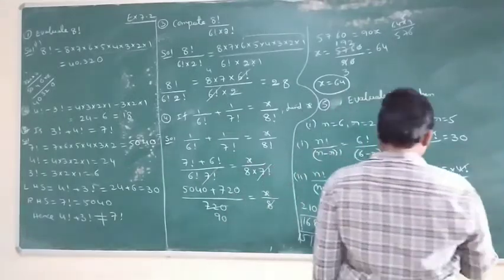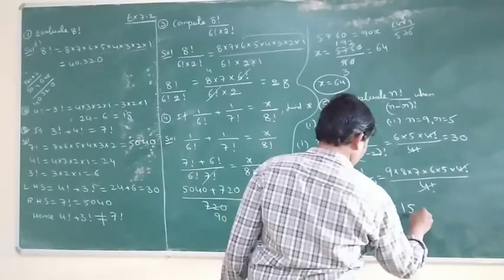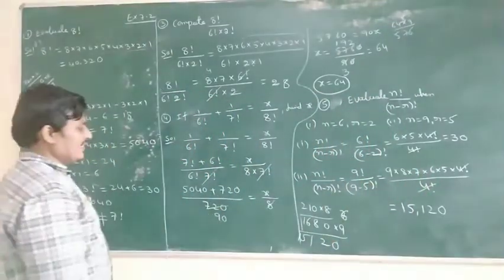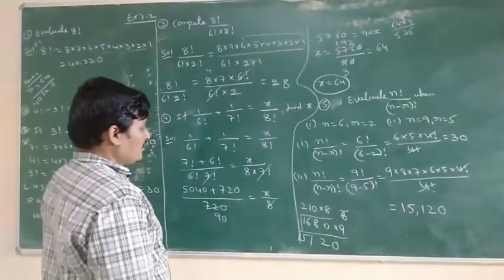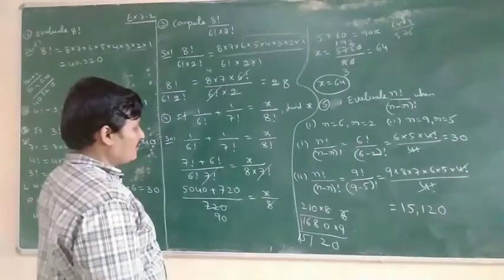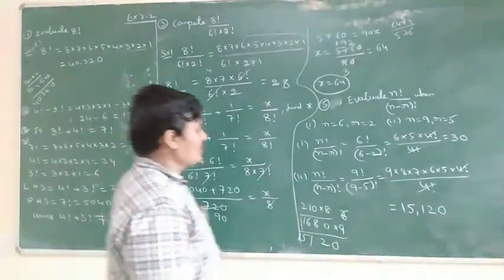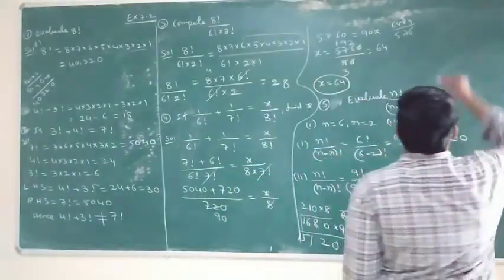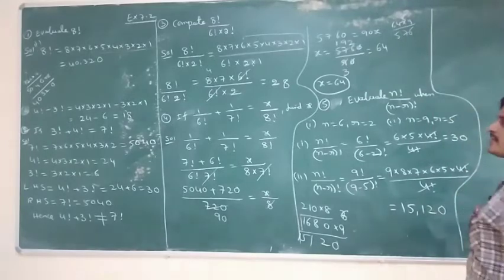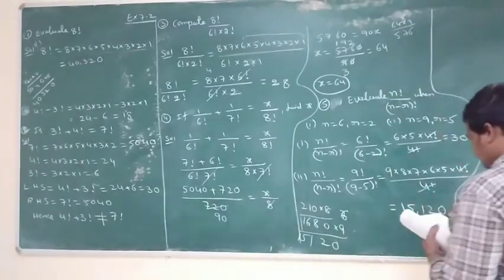So that value is equal to 15,120. 0, 8, 16, 0, 9, 8, 72, 9, 6, 54, 61, 9, 1, 9 plus 6, 15. This is the value of this one. So, exercise 7.2 completed. Next one.